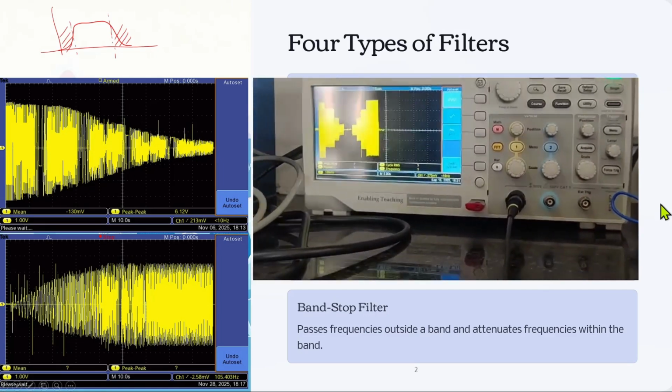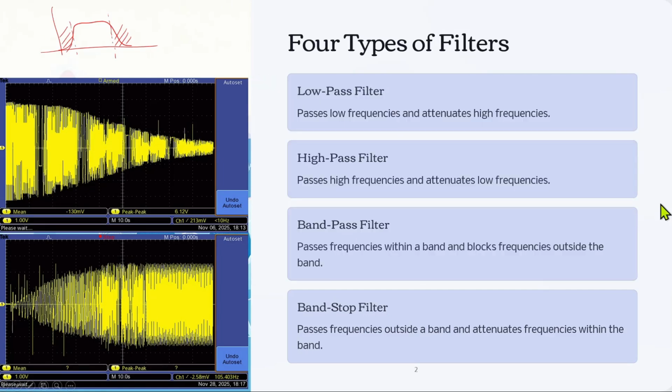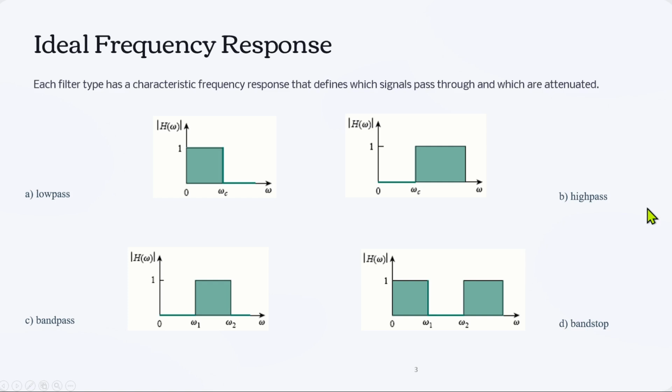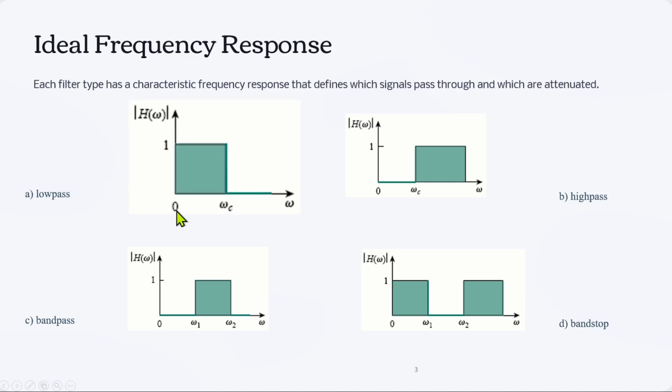Now, how do these filters operate, what are their operating frequencies, and from where do they operate? Let's see one by one. First let us consider the ideal response, starting with the low pass filter.